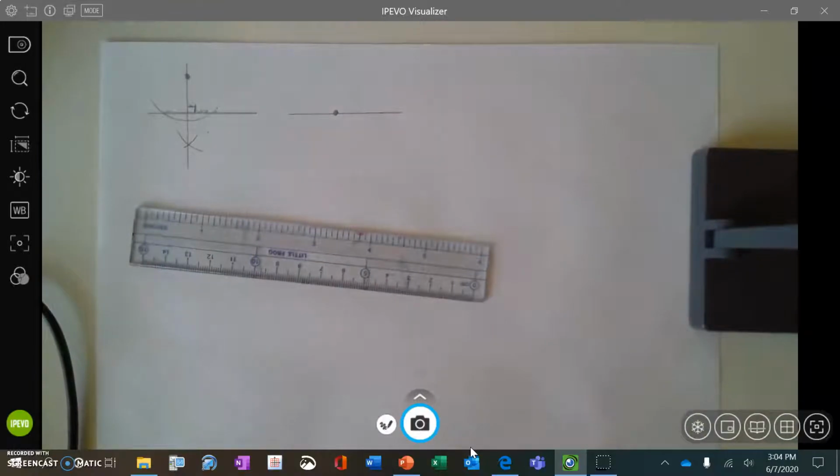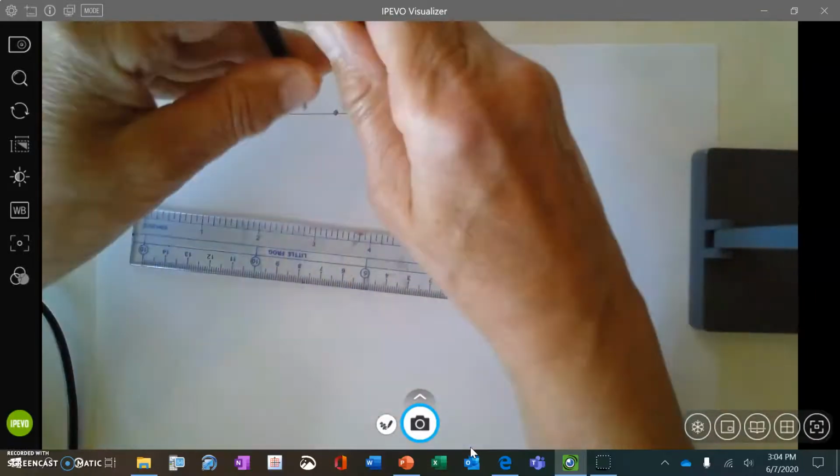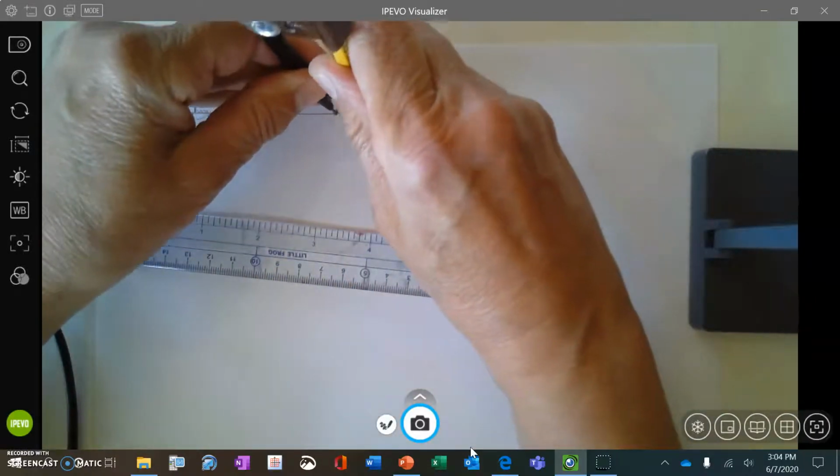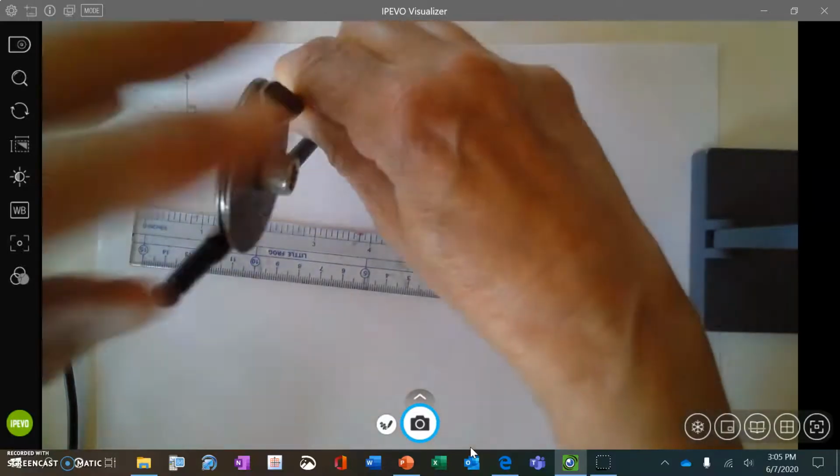And I need to construct a perpendicular to that line that goes through that given point. So the first step is stab in at the given point and create an arc with the same compass opening on each side of that given point.